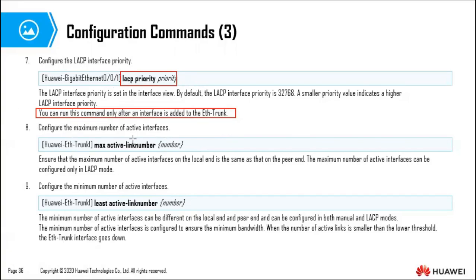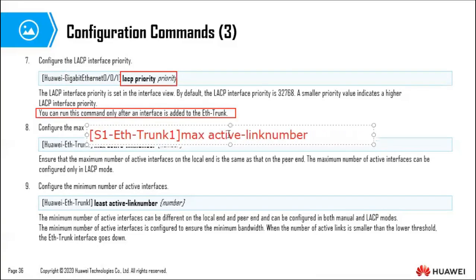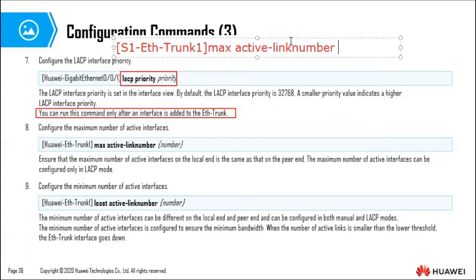Then you can configure the maximum number of active interfaces. So this is actually the correct one. Earlier I had typed the wrong command. So let me just type it again. So if you're on S1 and you're on Eth Trunk 1, like that, the command is max active link number, and then a value.